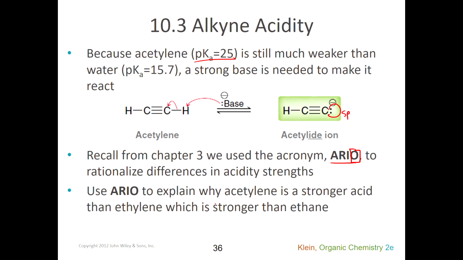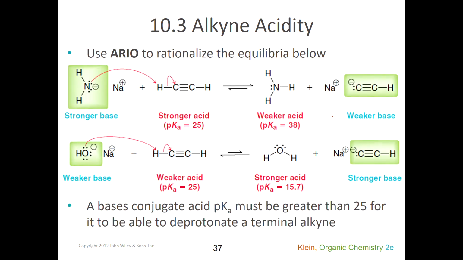That's why acetylene is a stronger acid than ethylene, because it holds the electrons in a more compact, more stable orbital. And this is why, way back in chapter 3, we learned this exception to ARIO. We said normally it's the atom carrying the charge that's a much more significant factor in how acidic something is compared to the orbital where the charge exists.